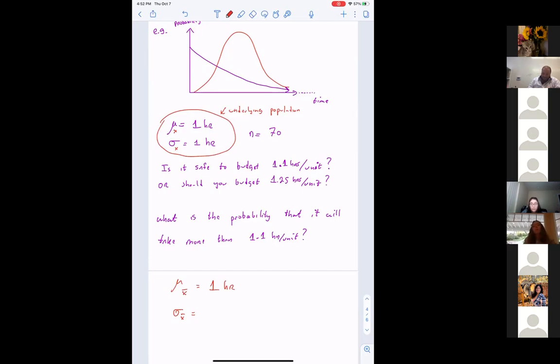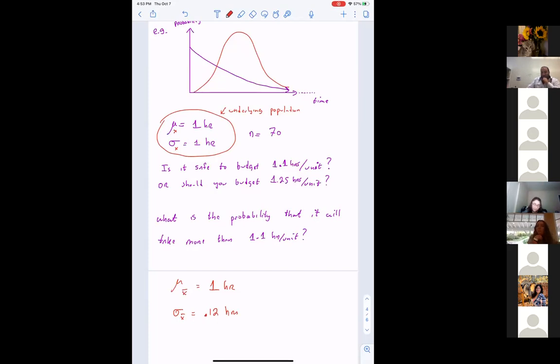And what is the deviation of my average if the sigma of the original is 1 hour? 0.12 hours. Do you all see that?